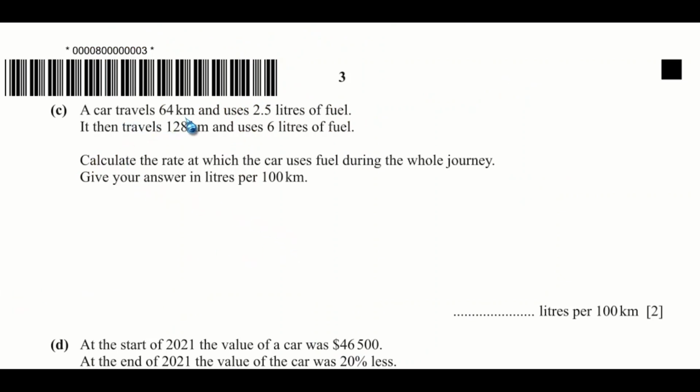A car travels 64 kilometers and uses 2.5 liters of fuel. It then travels 128 kilometers and uses 6 liters of fuel. Calculate the rate at which the car uses fuel during the whole journey. Give your answer in liters per 100 kilometers. So we need to get the total distance.